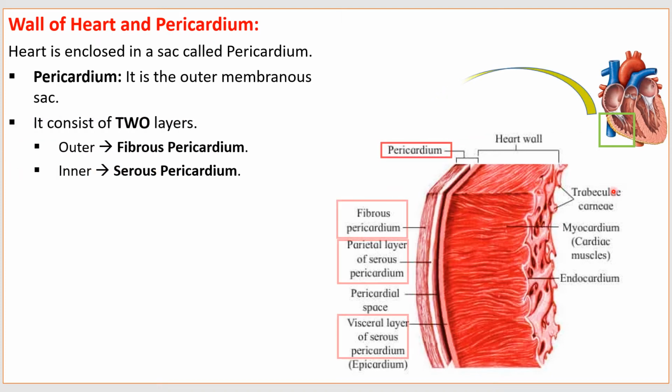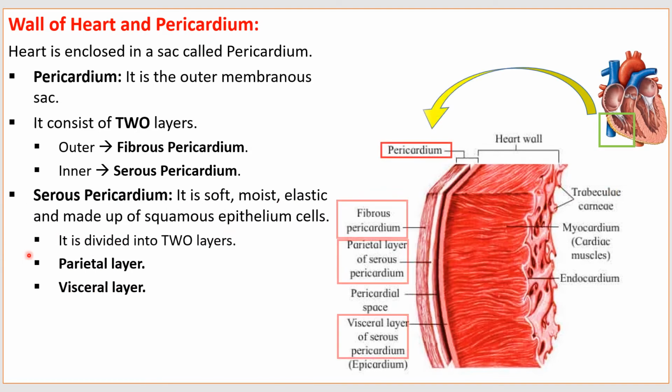It consists of two layers, outer fibrous pericardium and inner serous pericardium. The serous pericardium is soft, moist, elastic and made up of squamous epithelium cells. It is divided into two layers, parietal layer and visceral layer. Look here, the parietal layer and the visceral layer.